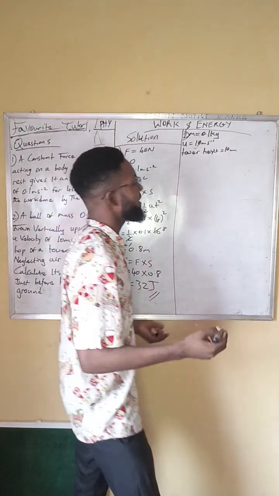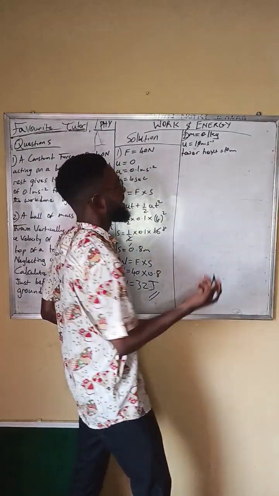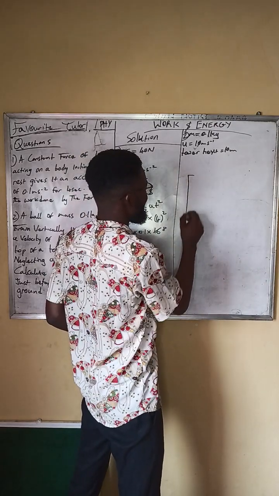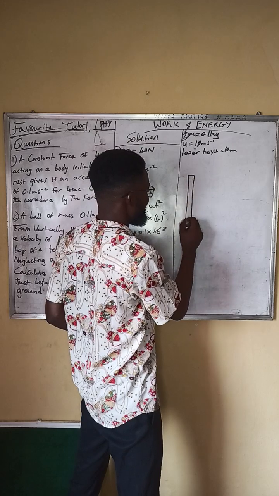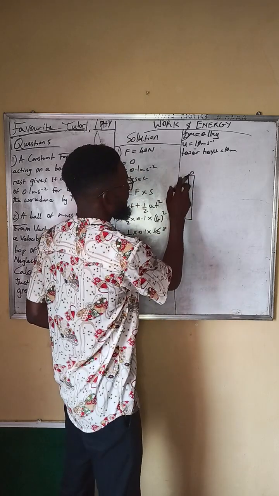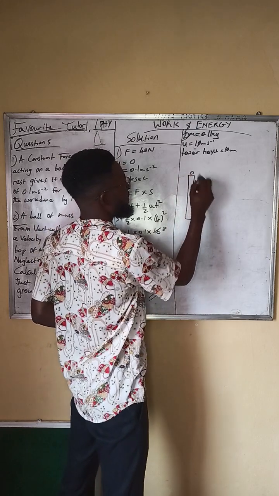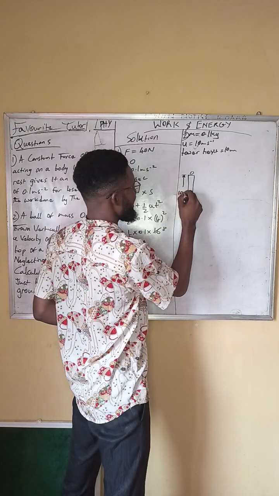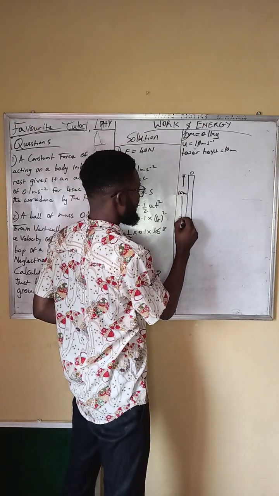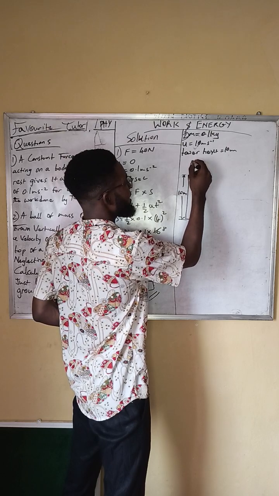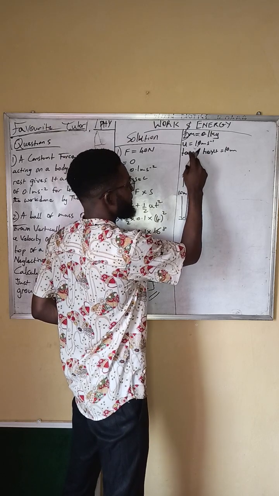Let me illustrate this using a diagram. If this is the tower, and let's say the body is here, and the body was thrown up. The tower is 10 meter high.